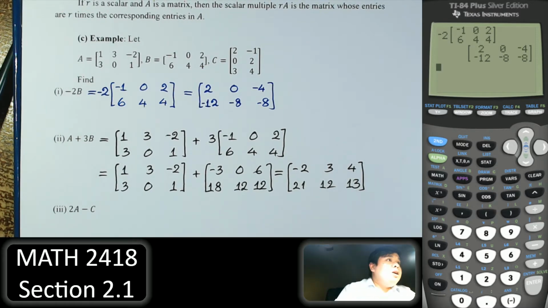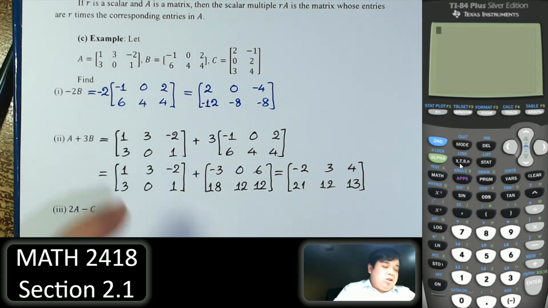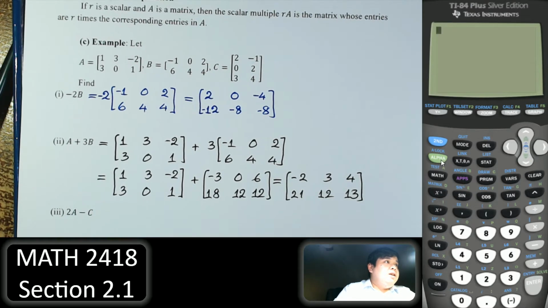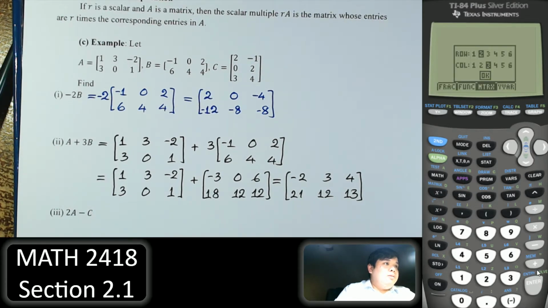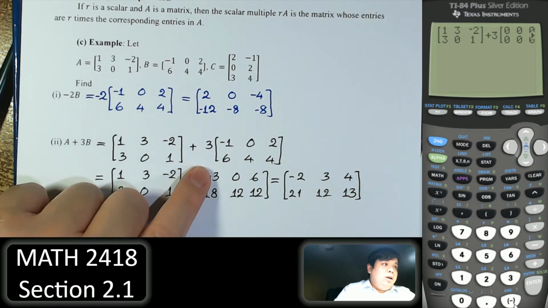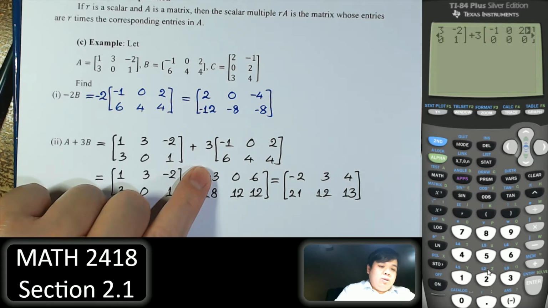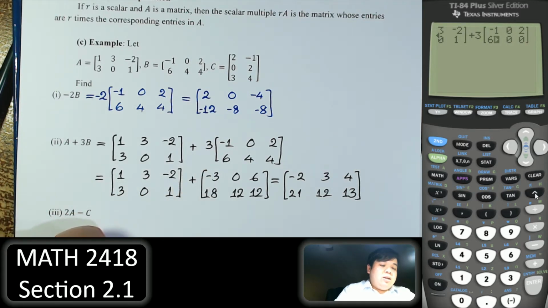Right? So just enter exactly as we see it. 1, 3, negative 2, 3, 0, 1, plus 3 times negative 1, 0, 2, 6, 4, and 4.